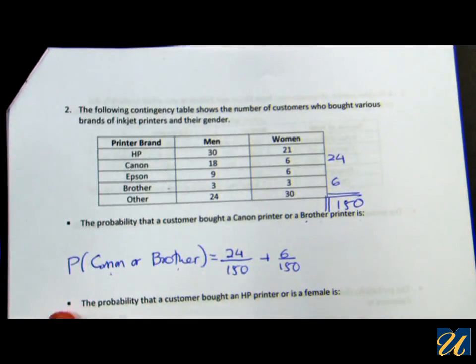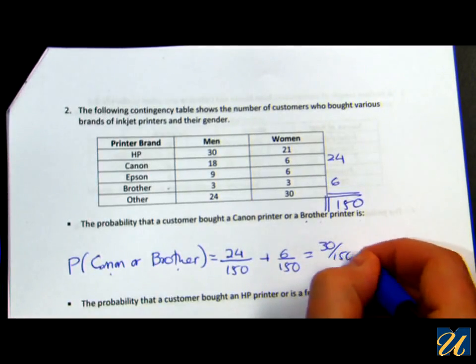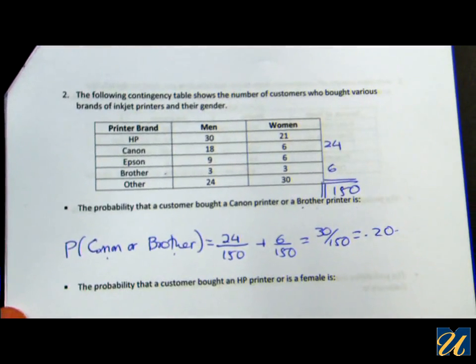They do not have a common point, therefore we simply add their corresponding probabilities. So 30 over 150, 0.2.